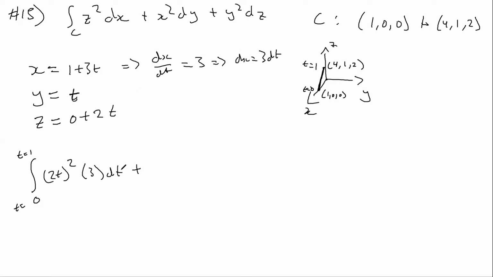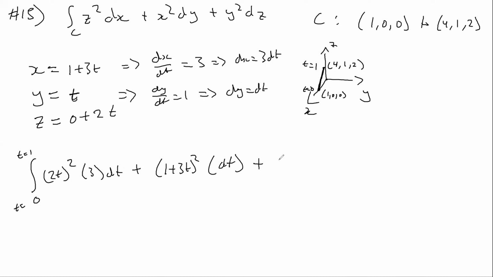Then we have x squared, so that's going to be 1 plus 3t squared, times dy. dy over dt is equal to 1, hence dy is equal to dt. Then lastly, we have y squared, so t squared multiplied by 2 dt.